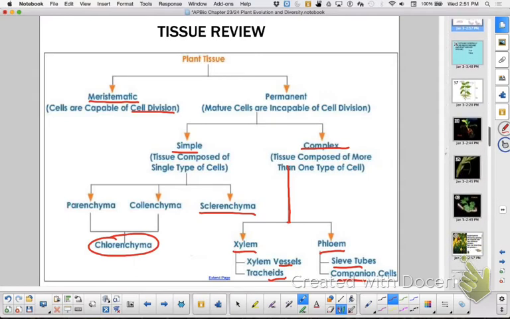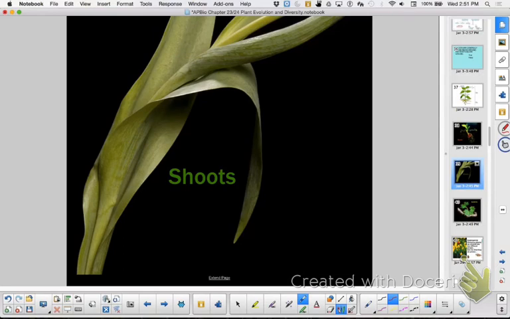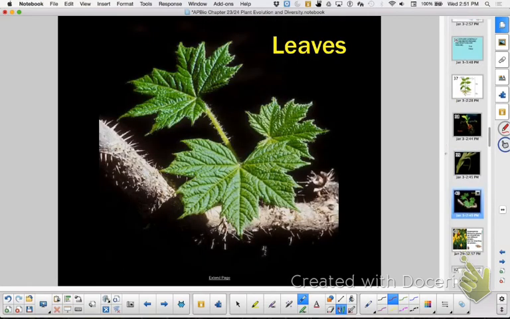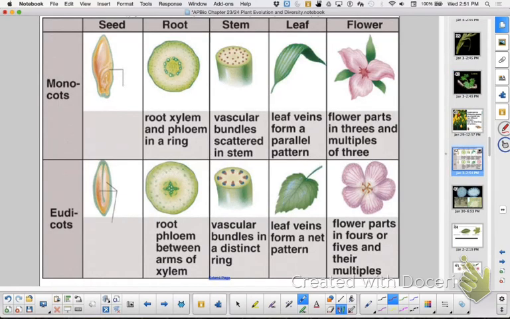All right. We then just went through a series of pictures looking at roots. We looked at shoots. We looked at leaves. We compared monocots to eudicots, just so we could understand a little bit better what we were looking at. Now that we have studied roots, we know that this center area right here, what layer is right there? It doesn't matter if we're a monocot or a eudicot.